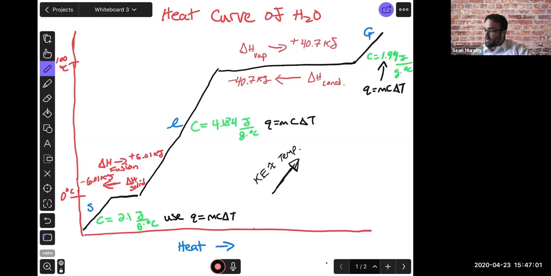Then when we are on the horizontal, although the temperature and the kinetic energy may not be changing, we are still adding heat. Heat is still being required, so we are gaining potential energy. So potential energy is those phase changes. Kinetic energy is at solid, liquid, or gas when the temperature is actually changing.